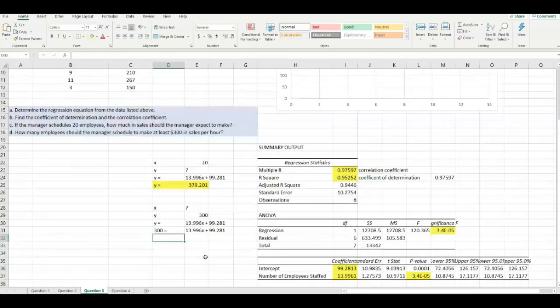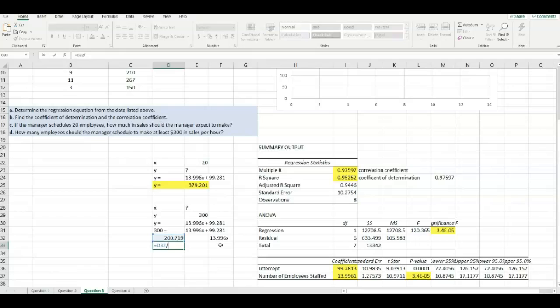We need to treat this like an algebra problem. So we will take 300 minus 99.281, and that's going to equal our slope times x. So then to get x by itself, we need to divide each side by our slope. So if we take this 200 divided by 13.996, we get our x value. So in order to make $300 in sales, this is the number of employees that we need.